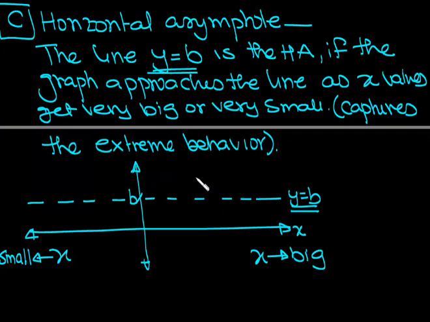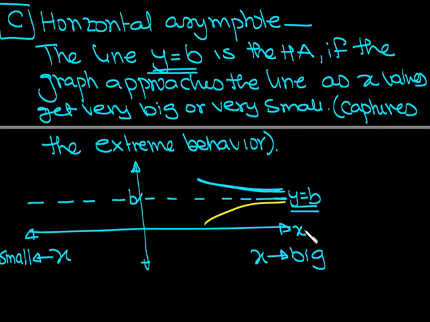If it approaches a line, then that line is called the horizontal asymptote. So it can approach the line like this from the top. As x gets bigger, the graph will get closer and closer to this imaginary line. So it's settling down, so eventually the value of the function is going to be b, sort of. It's going to approach b, or it can approach from the bottom like this.